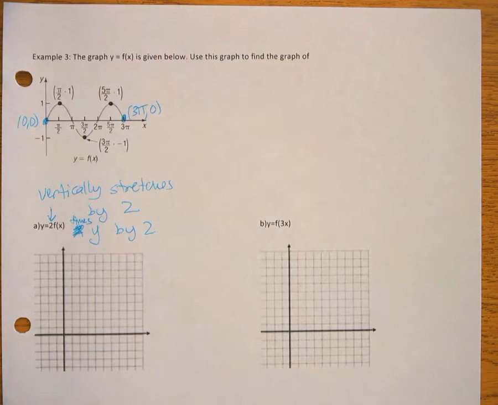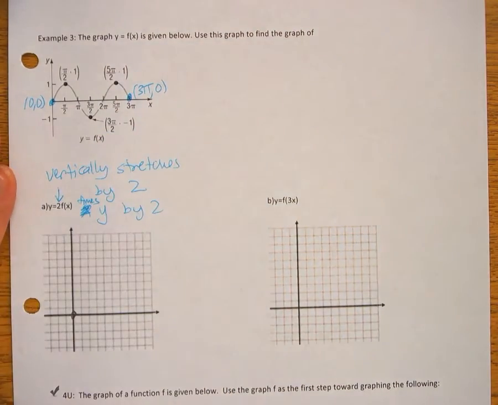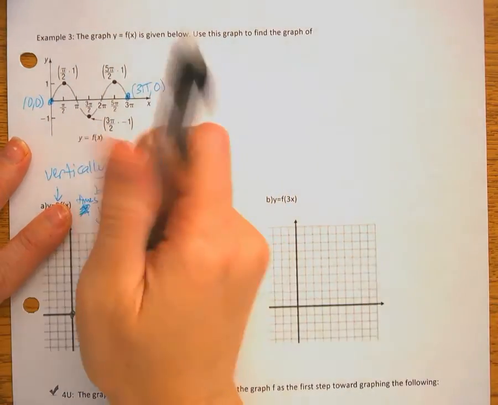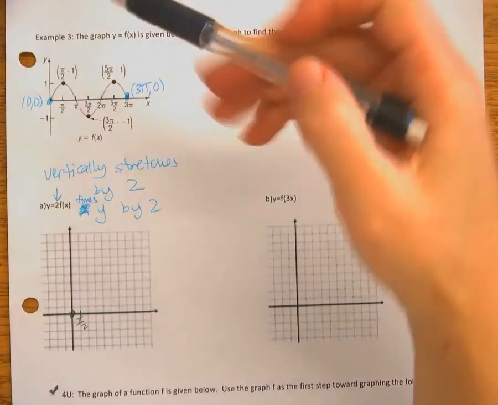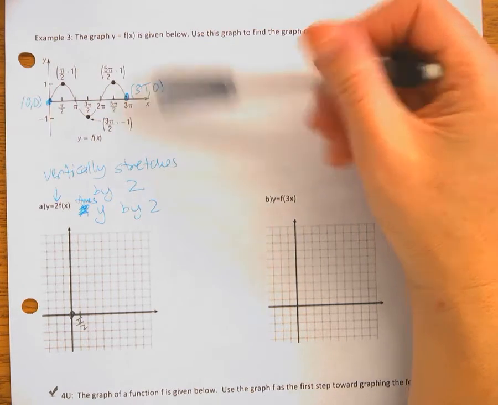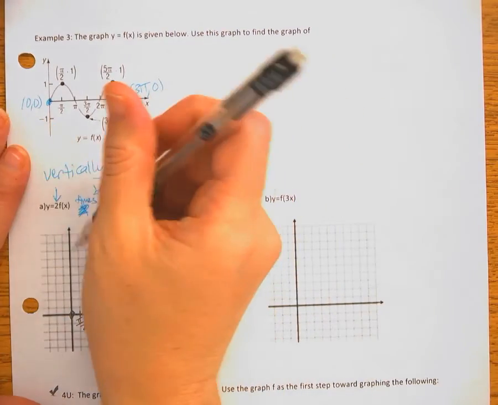So I have an x value of 0 and a y value of 0 stays the same. Now at the x value of pi over 2, which I guess I'll put here, the y value on the parent graph is 1, but since we're stretching by a factor of 2, we're going to multiply 1 by 2 and make it go all the way up to 2.